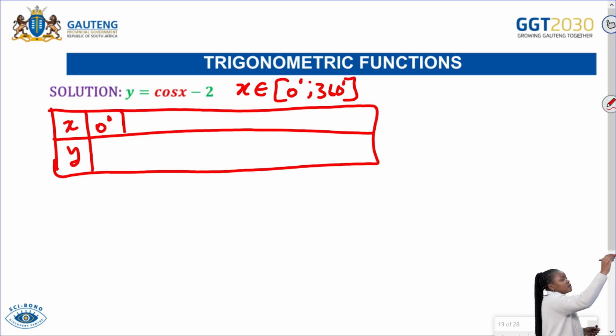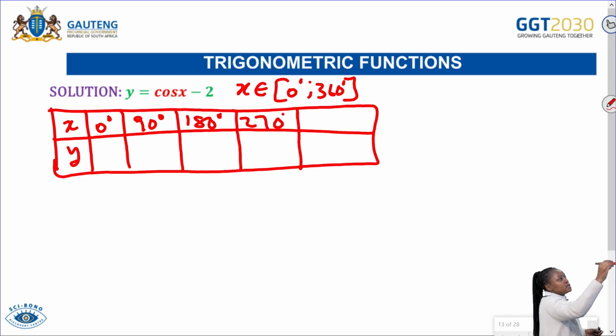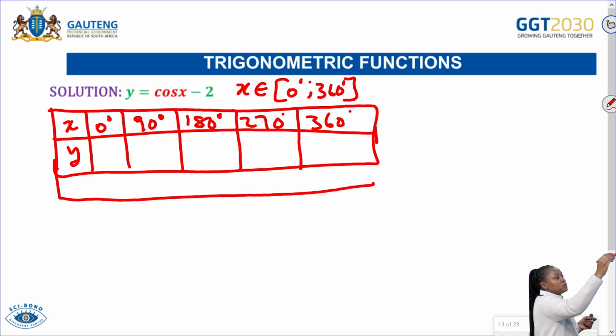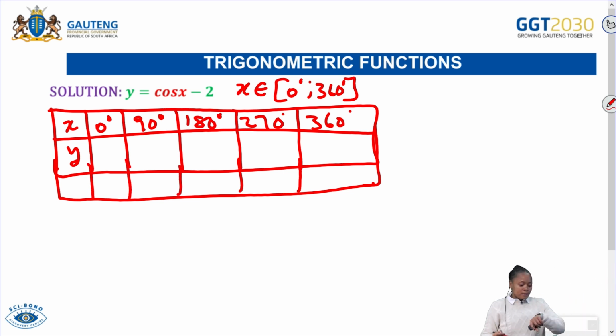You start from 0 degrees, you go to 90, you go to 180, 270, up until 360 degrees. So you'll sketch the mother graph and also sketch the one that has been shifted 2 units downwards. You have 1 minute, ne?